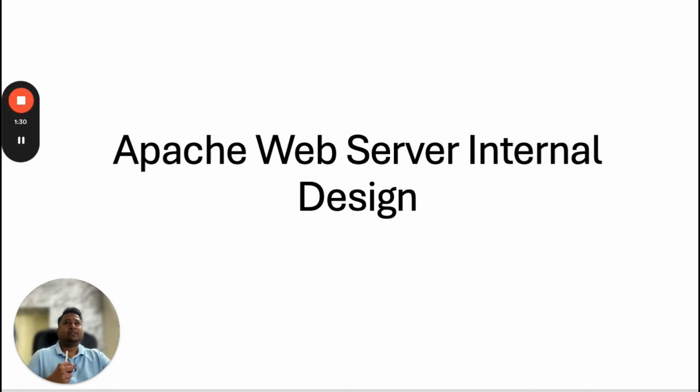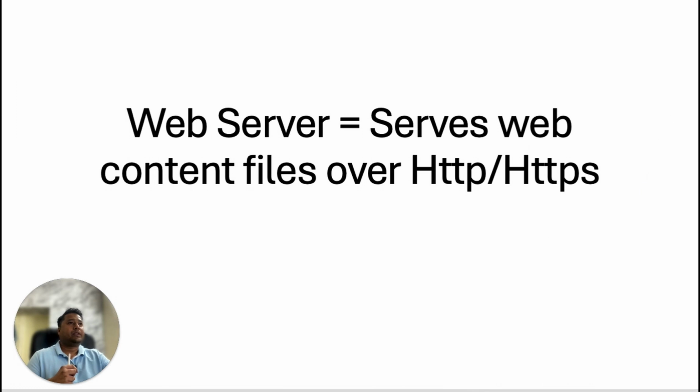So as I have already explained, a web server is software, or it could be hardware as well, that serves content files over HTTP. Whenever I say HTTP or HTTPS, understand that HTTP is a layer 7 protocol, but it works over the TCP protocol, which is a layer 4 protocol.